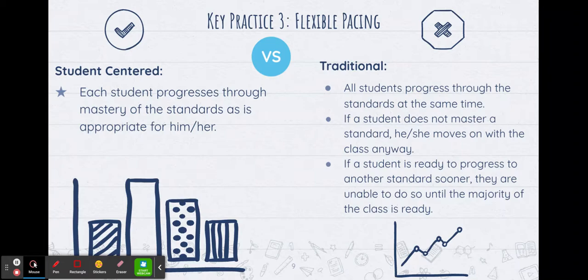So we let that be a little bit flexible. However, in a traditional classroom, everybody moves at the same pace, and everybody has to be done with all the curriculum and all the standards at a certain unit or section of time within the year. And so it's not nearly as flexible, and it's not catered to the students' needs.